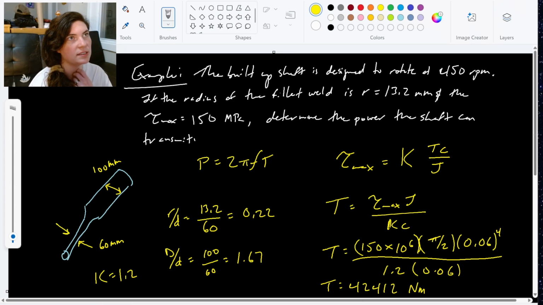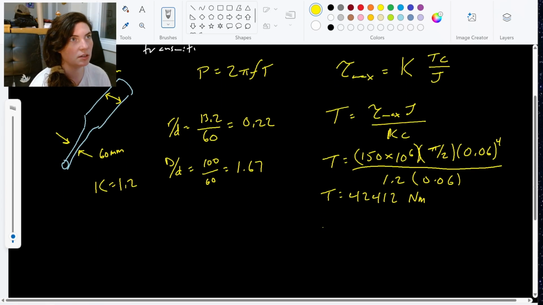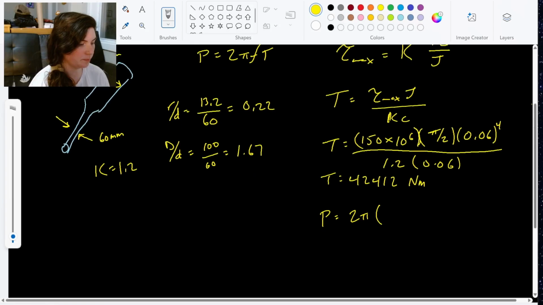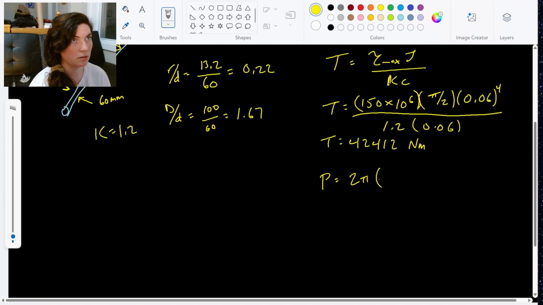And for my very last step here, all I need to do is find the power. Determine the power the shaft can transmit. So power equals 2 pi times the frequency, which was 450 RPM. 450 RPM is revolutions per minute. I'm going to go ahead and convert that into seconds here. So 1 minute is 60 seconds.